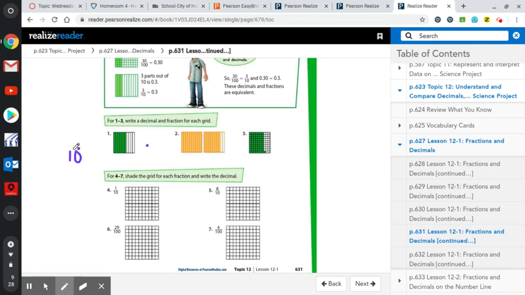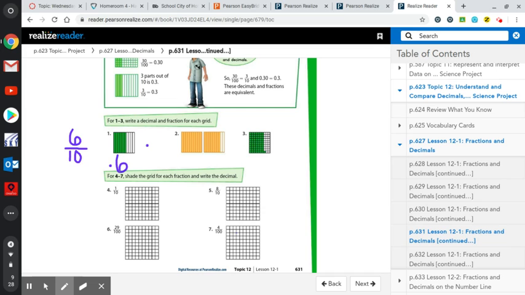You're going to put the 10 on the bottom, and then you're going to count up how many green pieces are shaded in. So hopefully you count 6. So your fraction is 6/10. Here's your decimal point, and this is the 10th place. So the 6 is in the 10th place, so you still say that as 6/10.